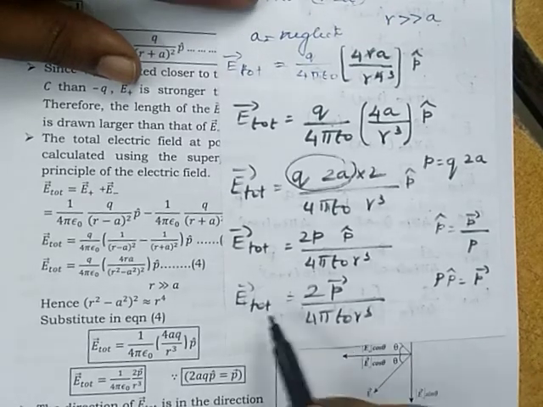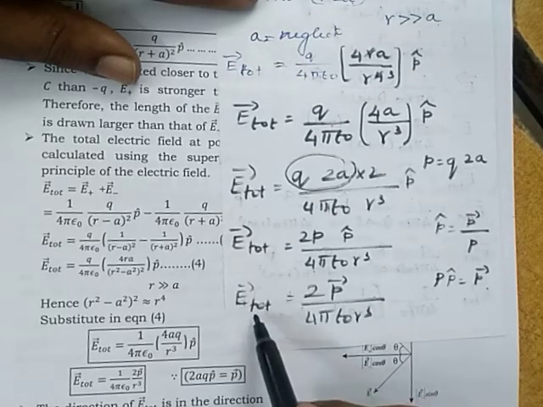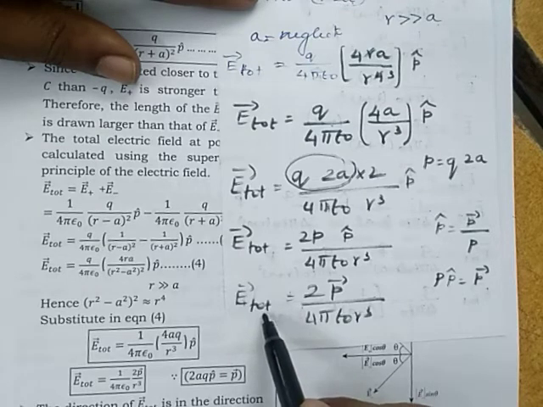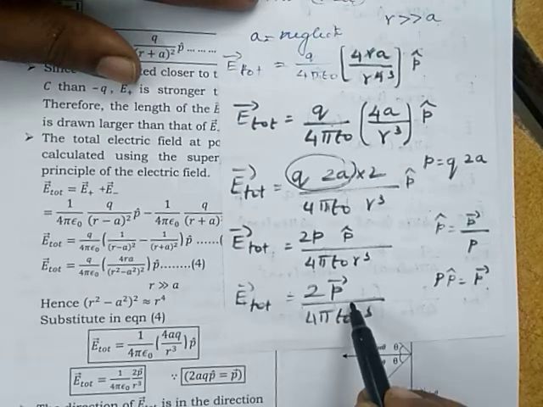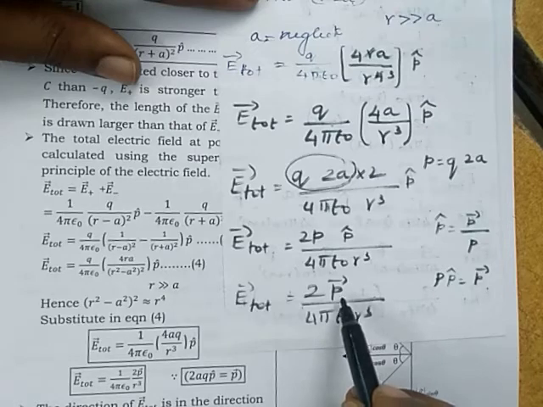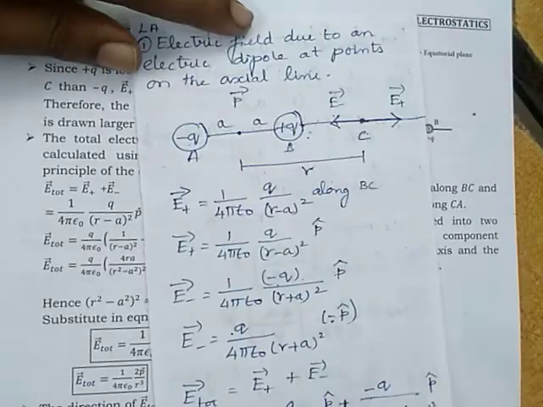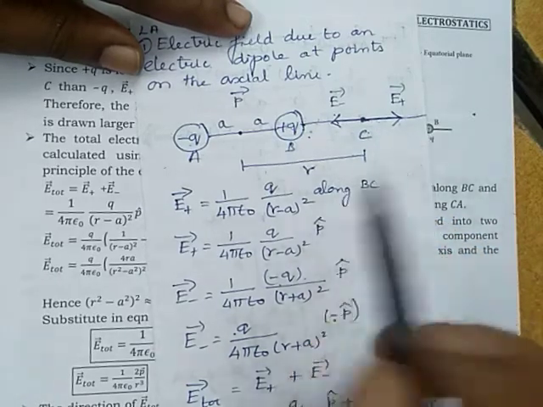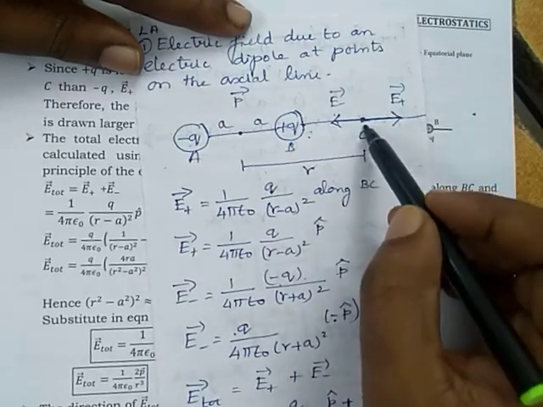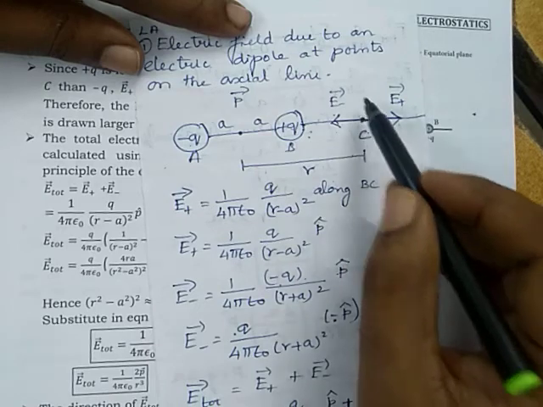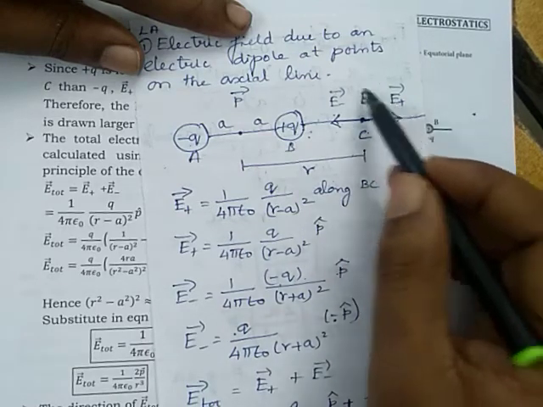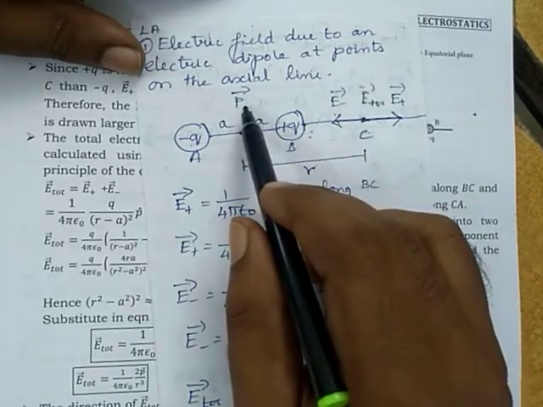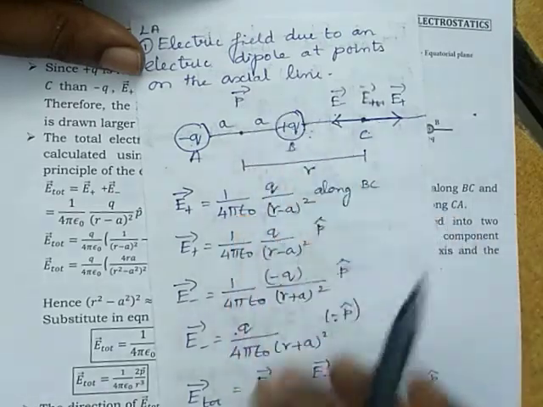This shows the total electric field at the point C is in the direction of the dipole moment. The dipole moment is in the direction from A to C, and the direction of the net electric field at the point C, E total, is also in the same direction as the dipole moment.